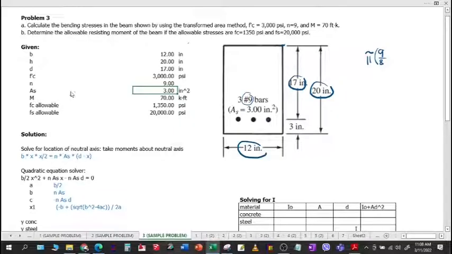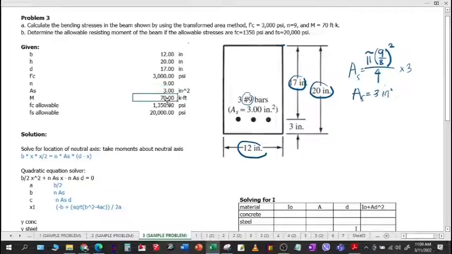Everything shall be divided by 8. Then we square it and divide it by 4. And then multiply it by the quantity. We see here 3 pieces. So times 3. And that is your area of steel. And if you calculate, that will be 3 square inches. Okay? So just in case the rebar area is not given.